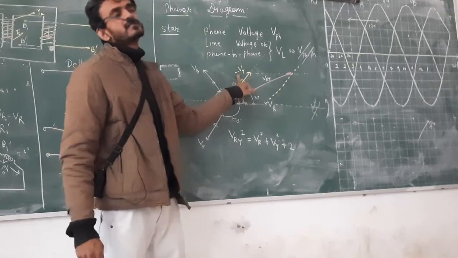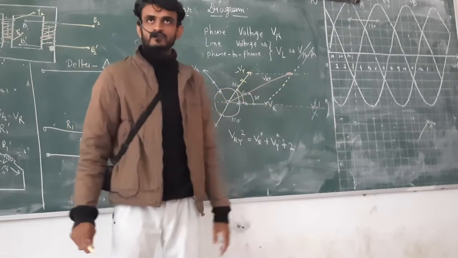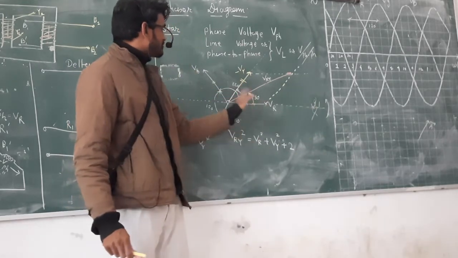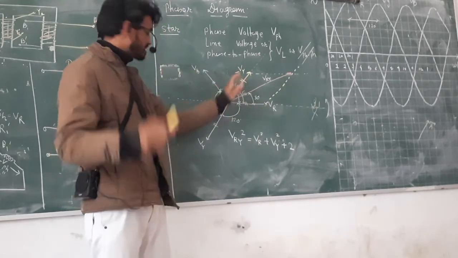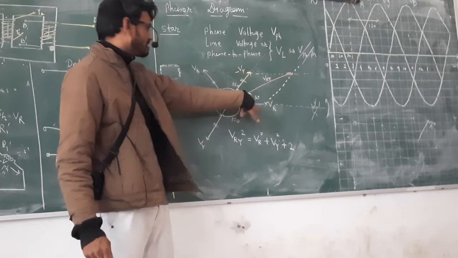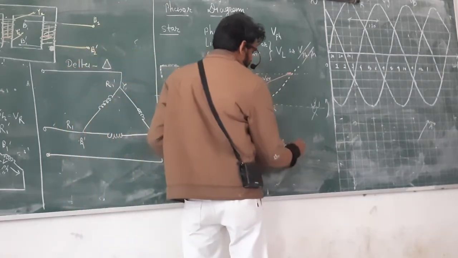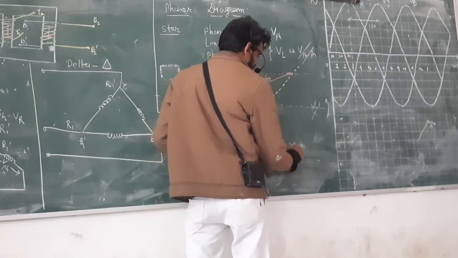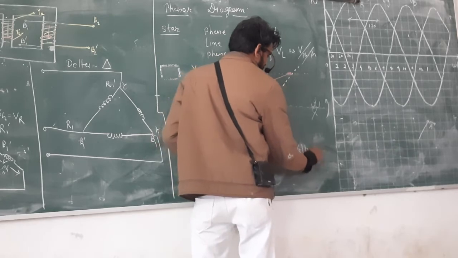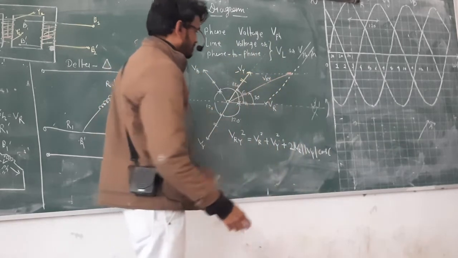Do not consider the sign right now. Why? Because we want just the addition. We know this is negative, which indicates that it will come from here to there. Otherwise, this is also a magnitude and that is also a magnitude. So consider only the magnitudes: 2 Vr Vy cos of the angle between these two, 60.